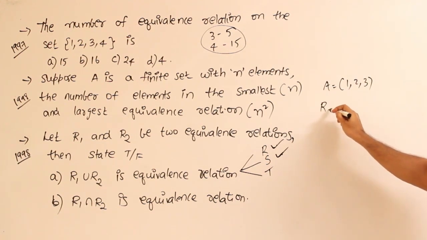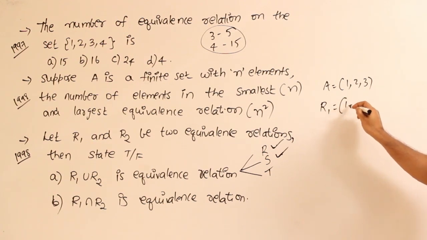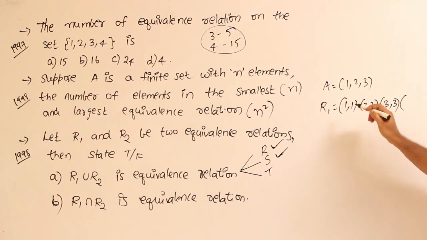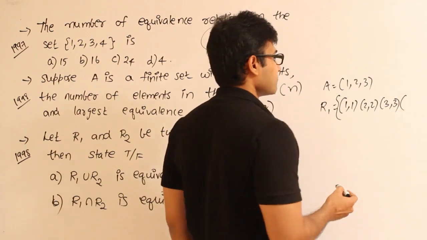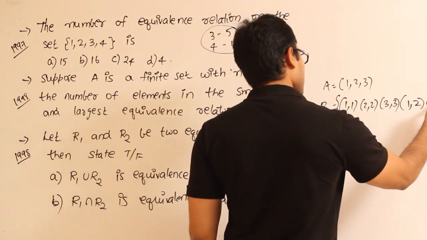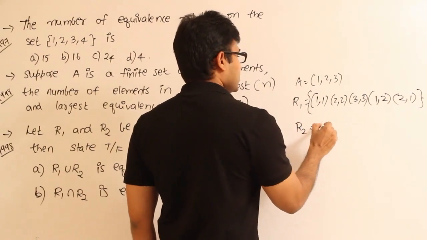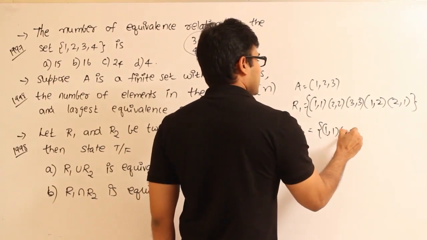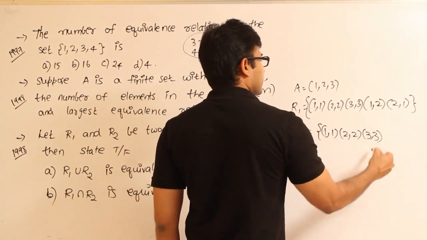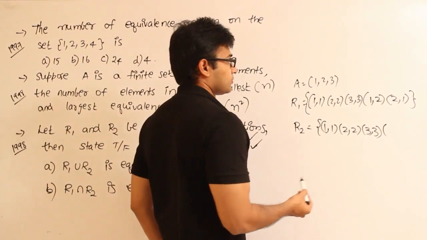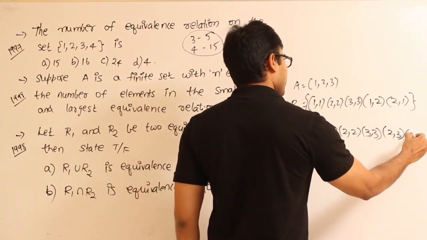Then let us assume that R1 is equal to {(1,1), (2,2), (3,3), (1,2), (2,1)}, and then R2 has elements (1,1), (2,2), (3,3), and then let me put (2,3) and (3,2).